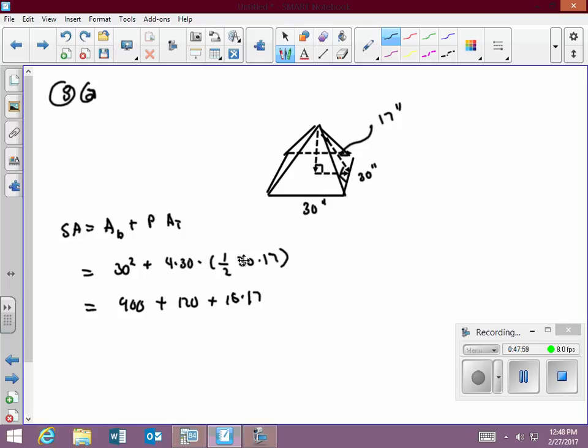This is each area. Supposed to be bigger than that. Area of the base. It's 1,700, right?